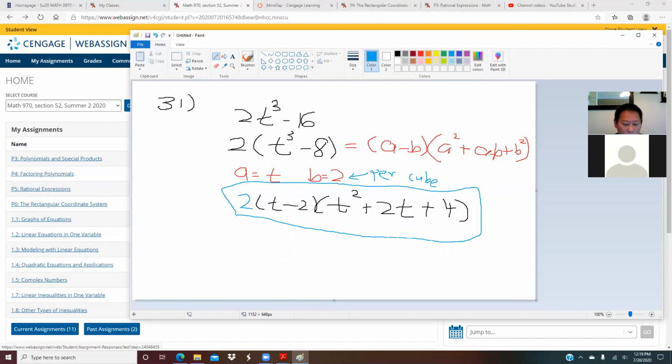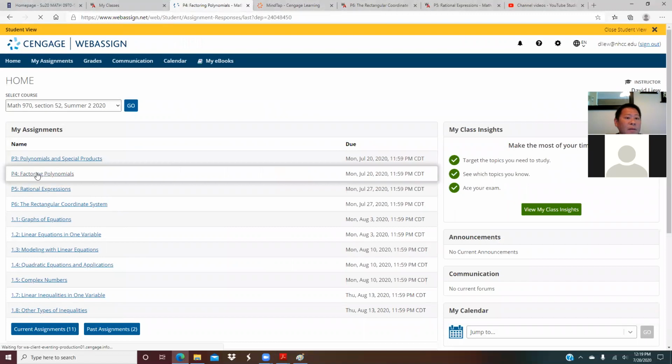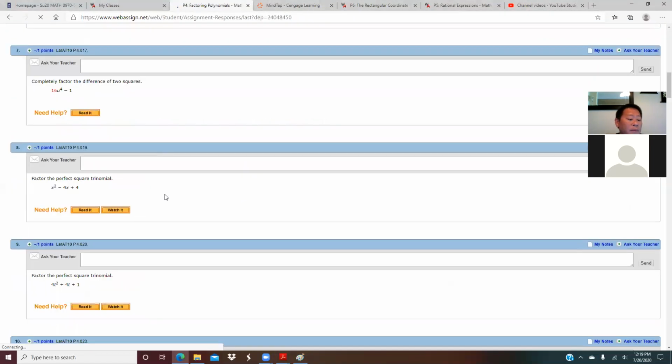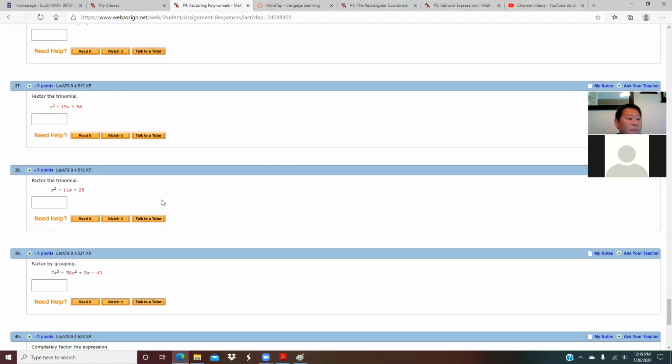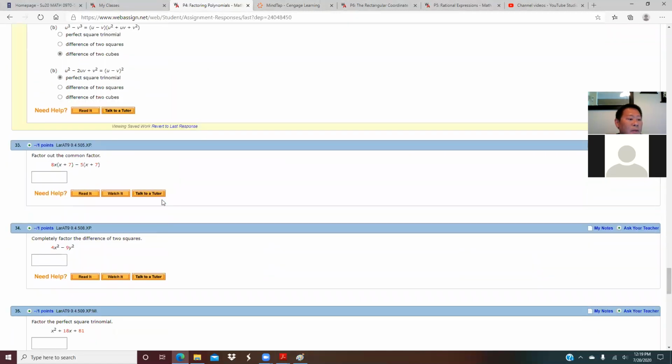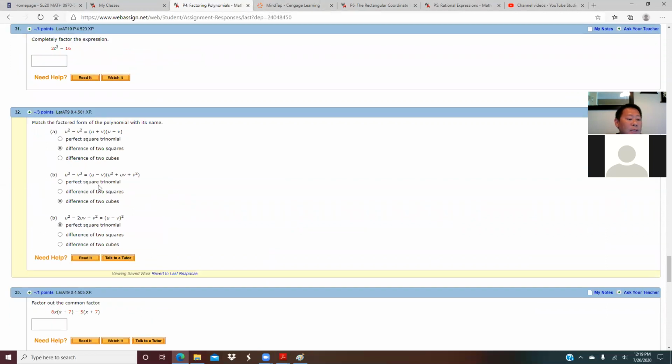Let me pull up the formula that we use for perfect cube. 31, 30, yep, this is the one. You notice this formula is u cubed minus v cubed equals u minus v.